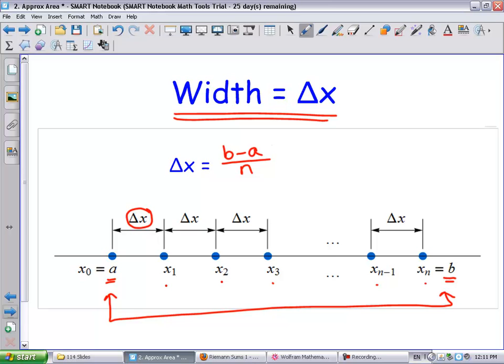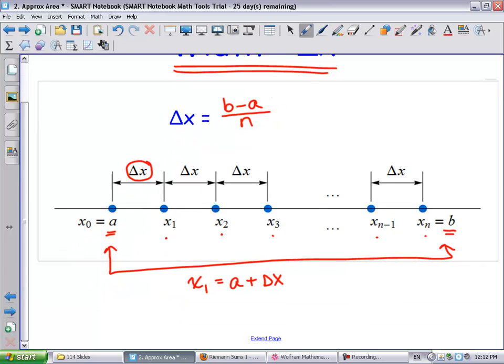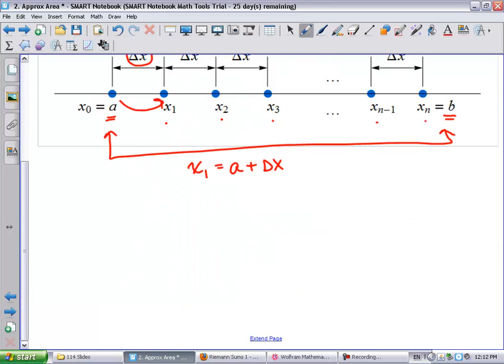And once you know that number, you can find x sub 1, because it's always going to be your a value plus 1 delta x. You've moved over 1. You can find x sub 2, because it's always going to be your a value plus 2 delta x's.